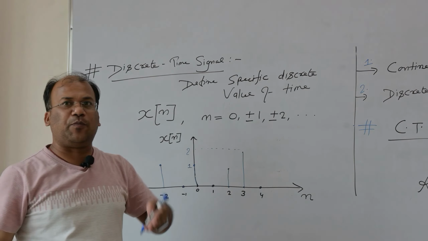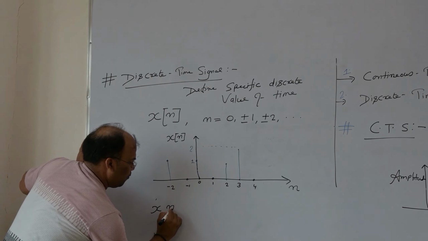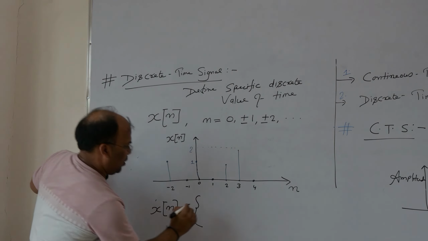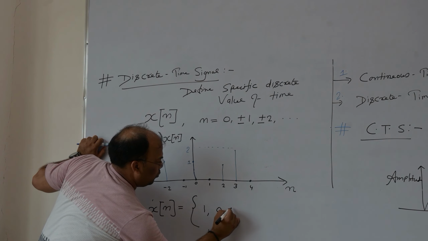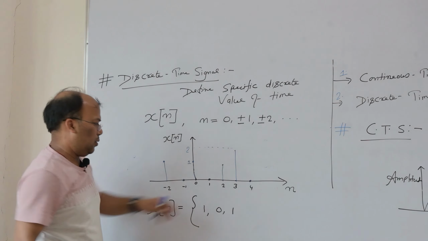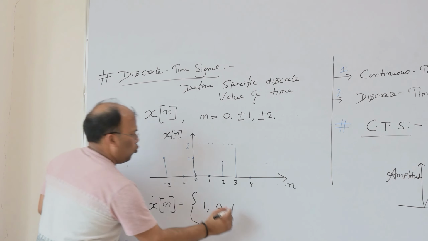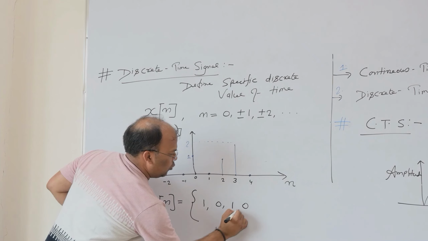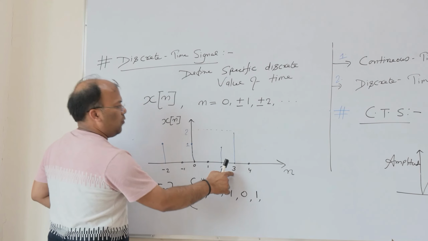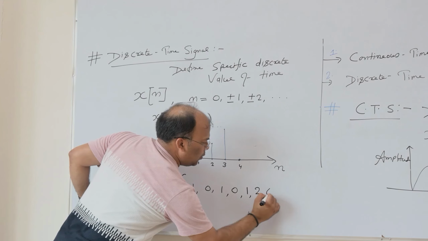The other way of representation of a discrete time signal is this. That is 1, 0. We can represent all the amplitudes here: 1, 0, at the point of 0, 1, at the point of 1, 0, at the point of 2, we have a 1 magnitude, at the point of 3, we have a 2 magnitude, at the point of 4, we have a 0 magnitude.